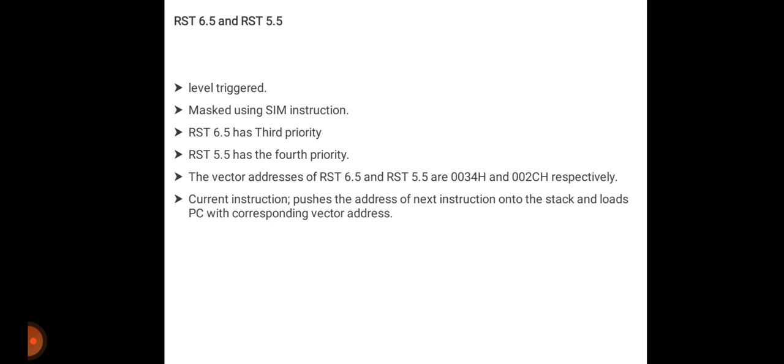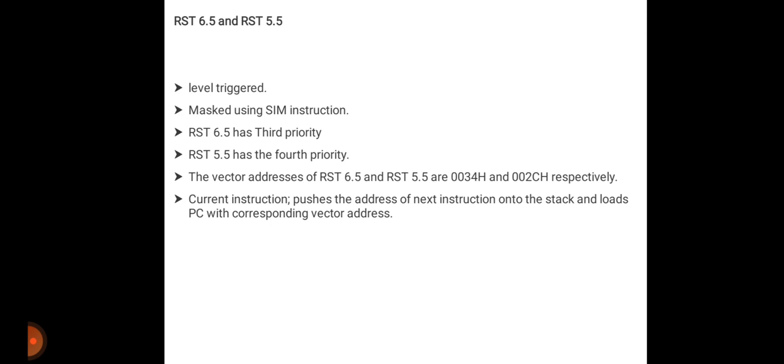The next one is RST 6.5 and RST 5.5. Both are level triggered, and this type of interrupts in 8085 can be masked using the SIM instruction. RST 6.5 has the third priority and RST 5.5 has the fourth priority. Also, the vector addresses for 6.5 and 5.5 are 0034H and 002CH respectively.